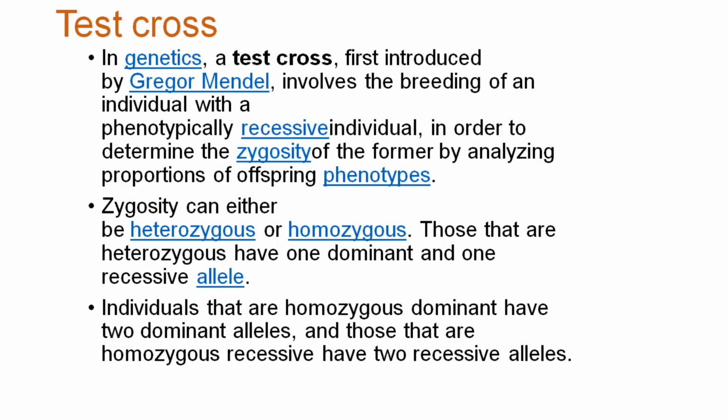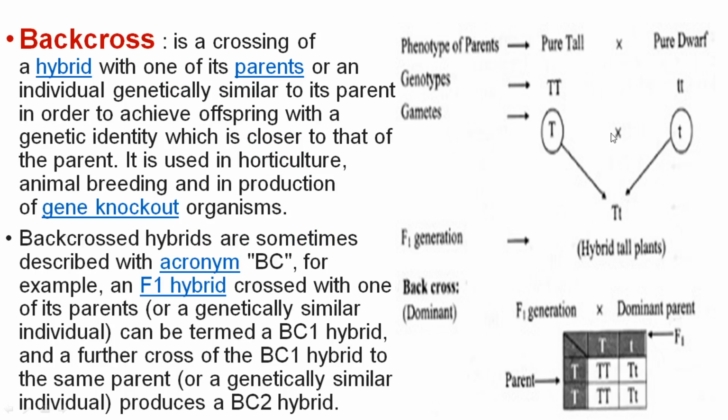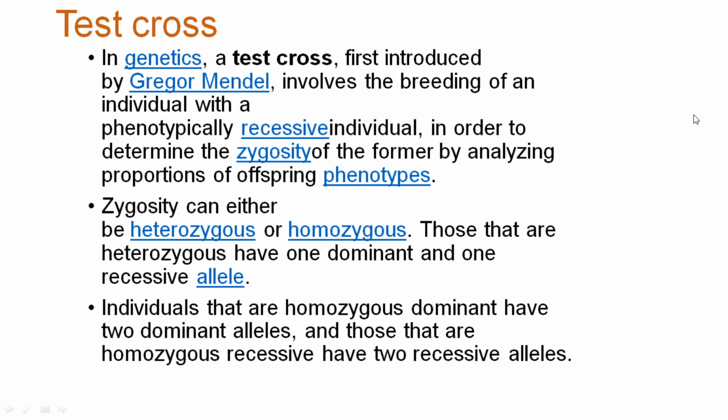But in the test cross conditions, we are crossing the F1 hybrid only with the recessive. In the backcross, we crossed this F1 hybrid with the tall plant. But in the test cross, we are crossing this F1 hybrid with recessive alleles, which are in the dwarf condition. The recessive traits need to be crossed in the test cross.